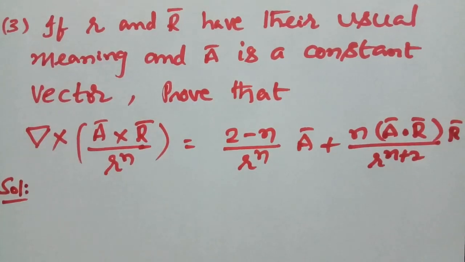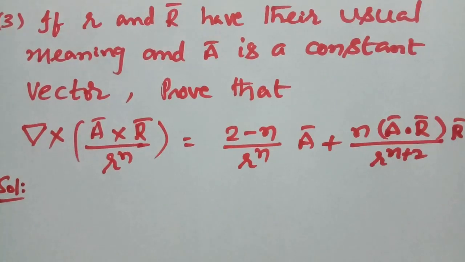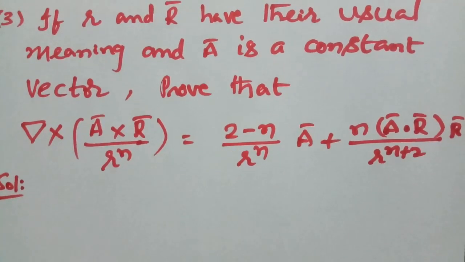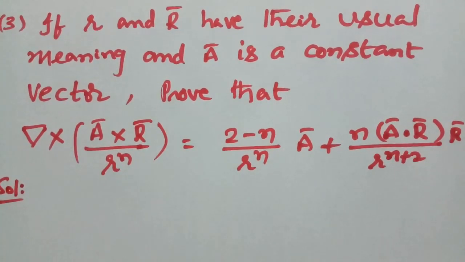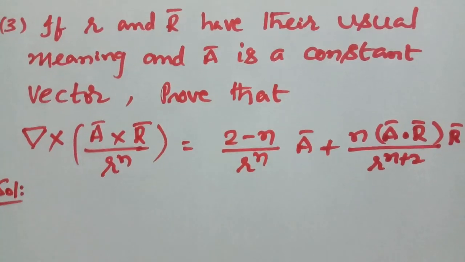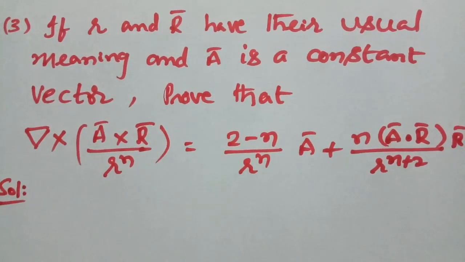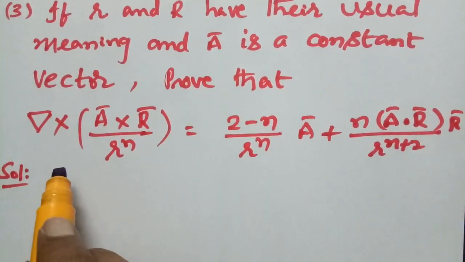Here, small r and capital R bar have their usual meaning, means capital R bar is a position vector. Instead of small r bar, here he is using capital R bar. From the beginning, we are explaining that in some cases they can use capital R bar to represent the position vector, and small r is its magnitude.